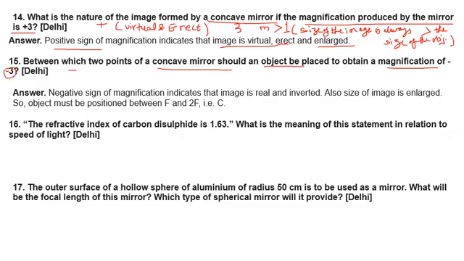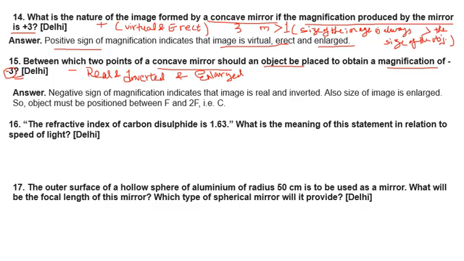Minus stands for the image being real, and when it is real it has to be inverted. So I should get a real and inverted image, and my image should be enlarged. Why enlarged? Because this 3 is more than 1. It means the size of the image is more than the size of the object.